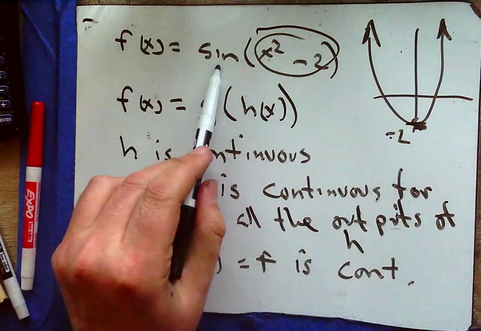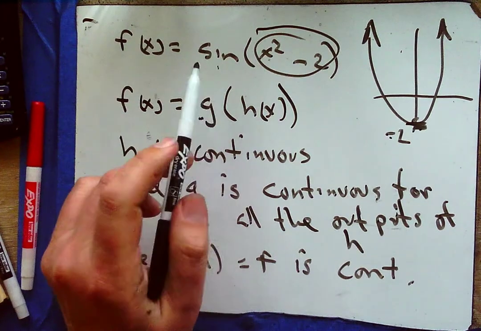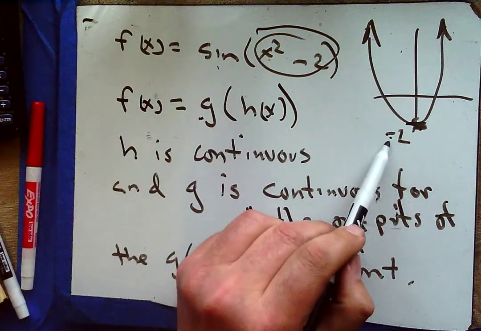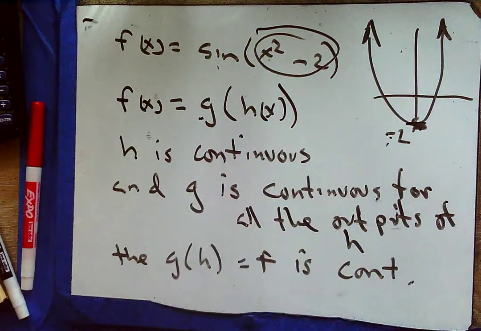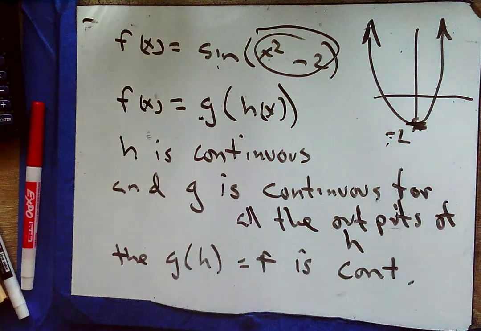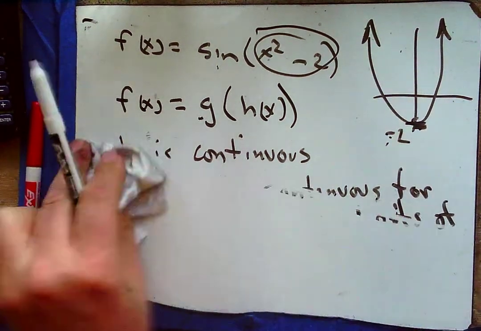Well, g is a sine graph, and sine is continuous everywhere. I can plug any number I want in. Certainly I can plug in numbers from negative 2 out to infinity, and this sine graph will just vibrate between negative 1 and 1. So I don't think there are any points of discontinuity in that one.